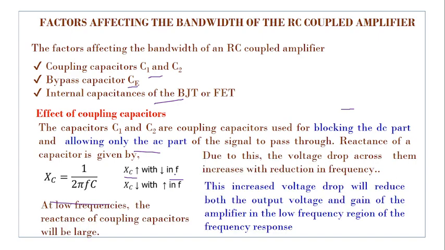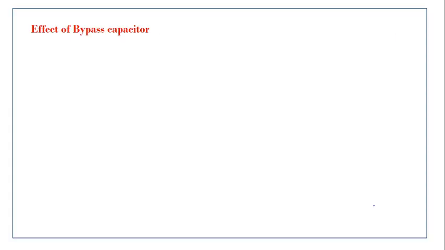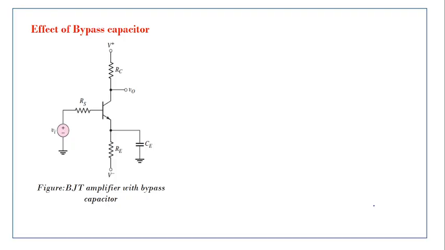Because of this, the voltage drop across them increases with reduction in frequency. Because of that voltage drop, the output voltage and as a result the gain will also decline, and that's why at the lower frequency region we are getting a much lower gain compared to the mid frequency region.